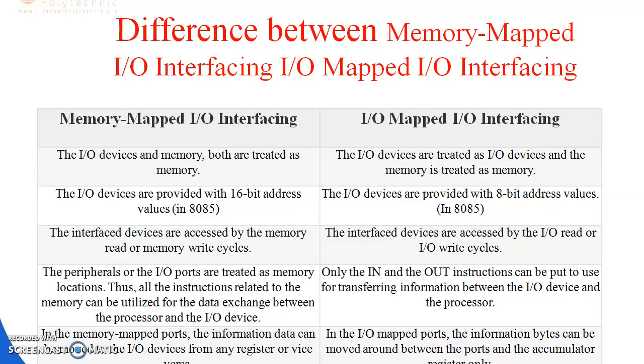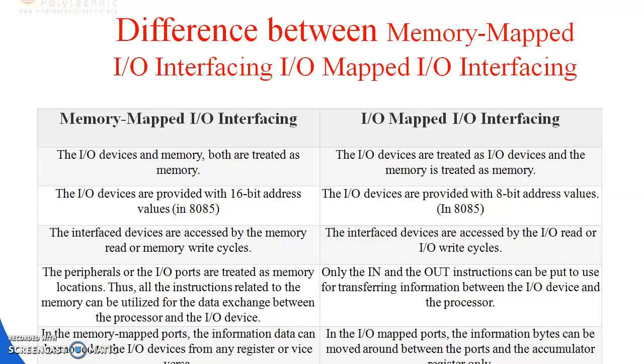Next is the difference between memory mapped I/O interfacing and I/O mapped I/O interfacing. In memory mapped I/O interfacing, the input-output devices and memory are both treated as memory, but in I/O mapped I/O interfacing, the I/O devices are treated as I/O devices and the memory is treated as memory.